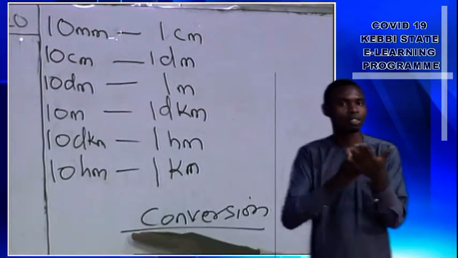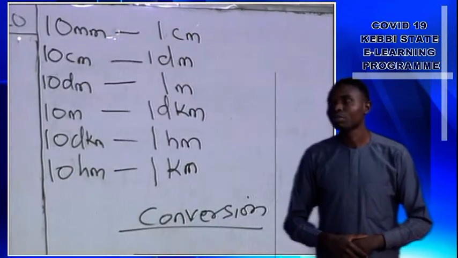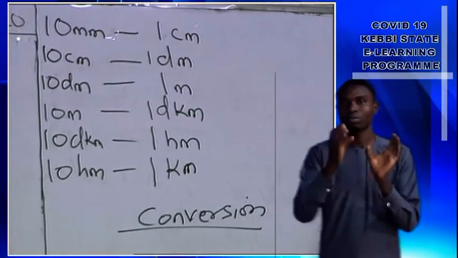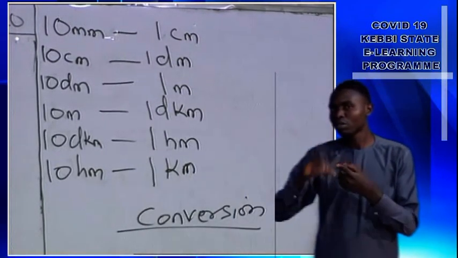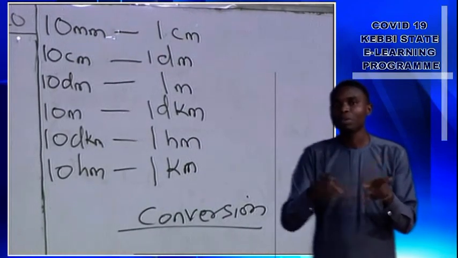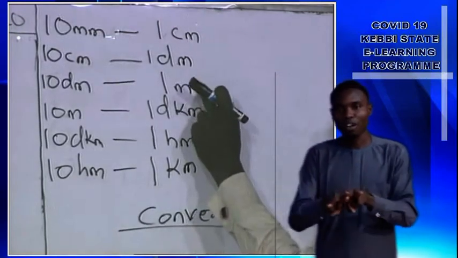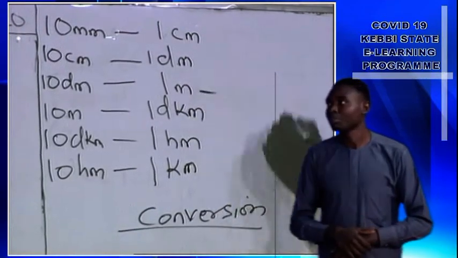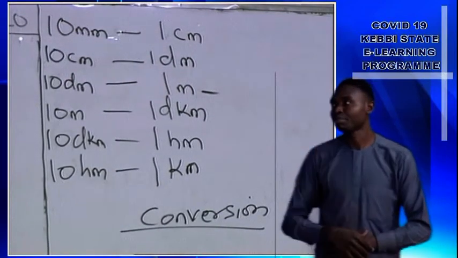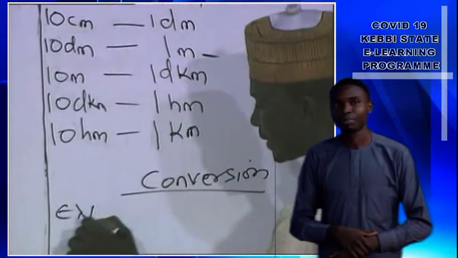If we say convert 10 millimeters to meters, it means that we want to change our value of millimeters to become in standard meter. This is our standard unit. I hope you are with me. Good. Now, let us take an example.